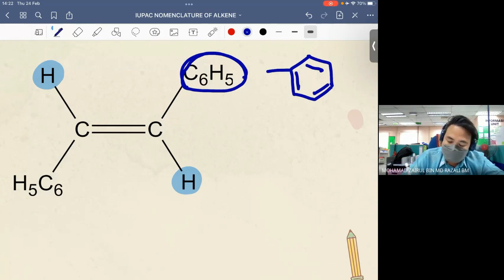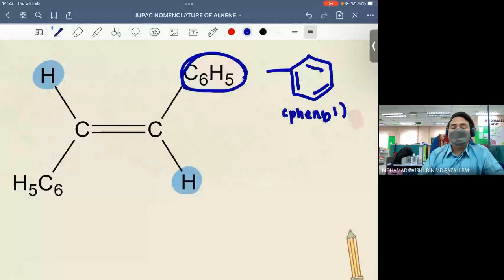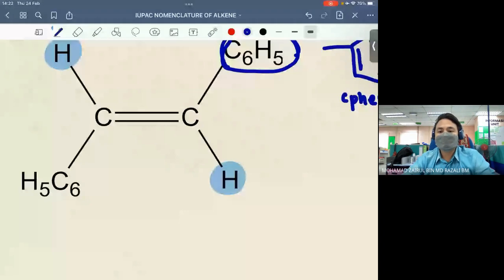So kalau benzene ring ni dia jadi substituent, nama dia akan jadi phenyl. Nama dia akan jadi phenyl. Okay, now berapa parent dia, berapa carbon? Yes, correct. The parent dia adalah 2 carbon. So now parent dia 2 carbon.